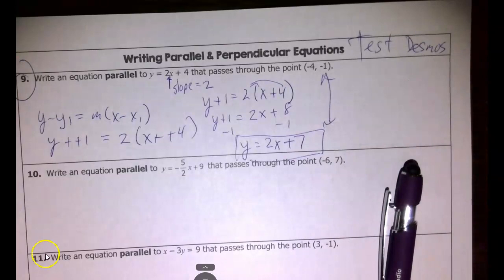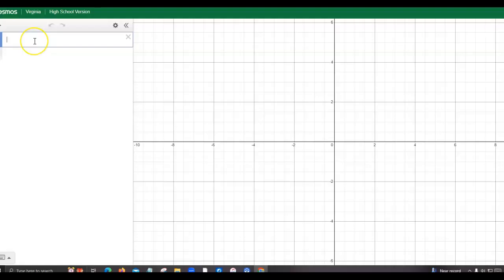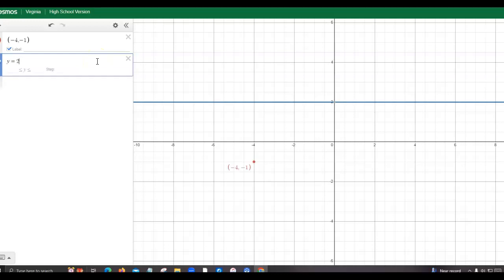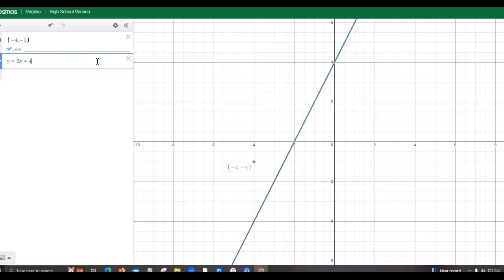So let me bring up Desmos really quickly. I'll put in my point, so that's negative 4, comma, negative 1, and I'll label it so you can see it. Okay, and then I'm going to put in my original equation, y equals 2x plus 4. Now remember, the starting line does not have to go through this point.